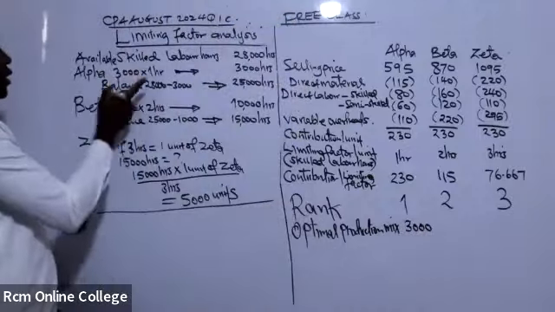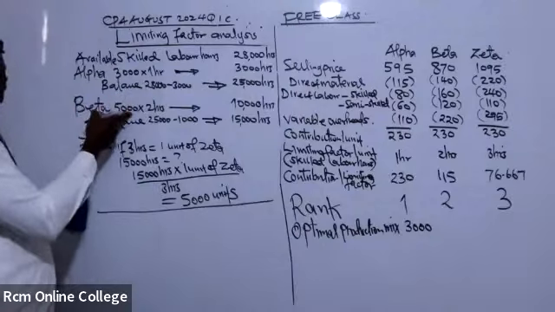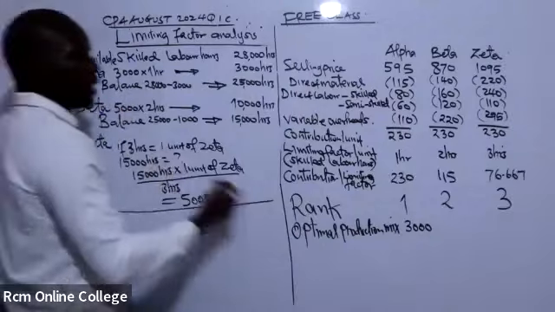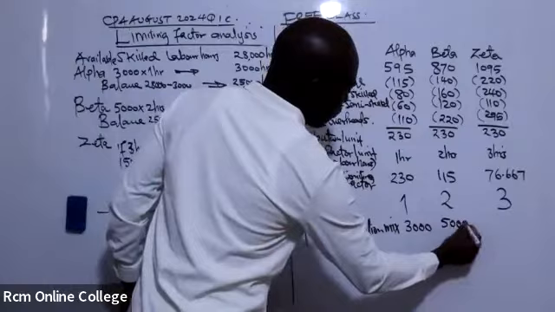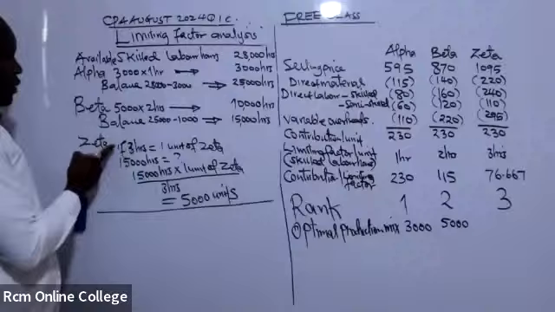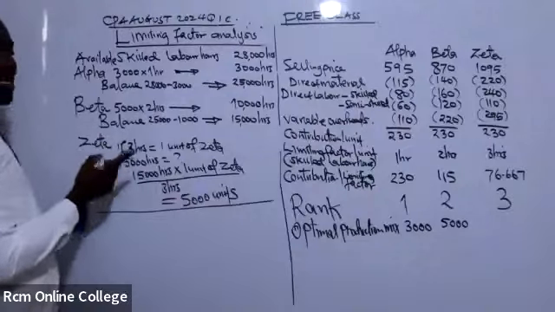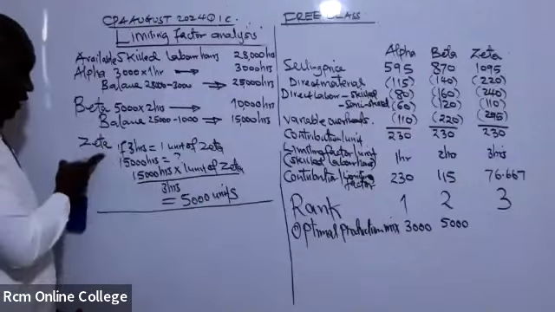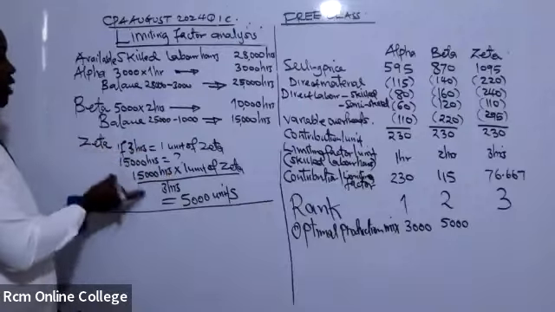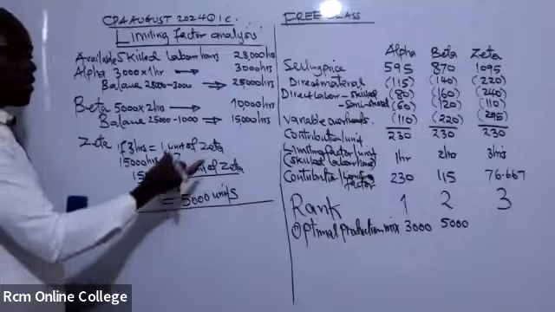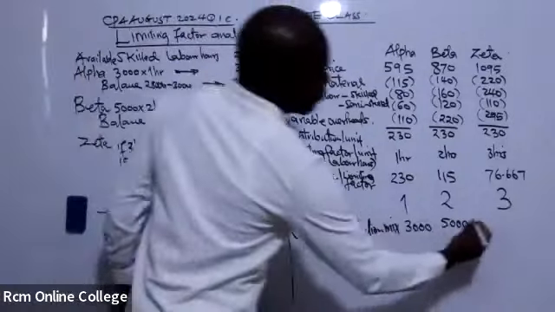The company will manage to produce all units of beta that are demanded. The company will manage to produce only 5,000 units of zeta. The market needs 6,500. The company can manage to produce only 5,000 units.